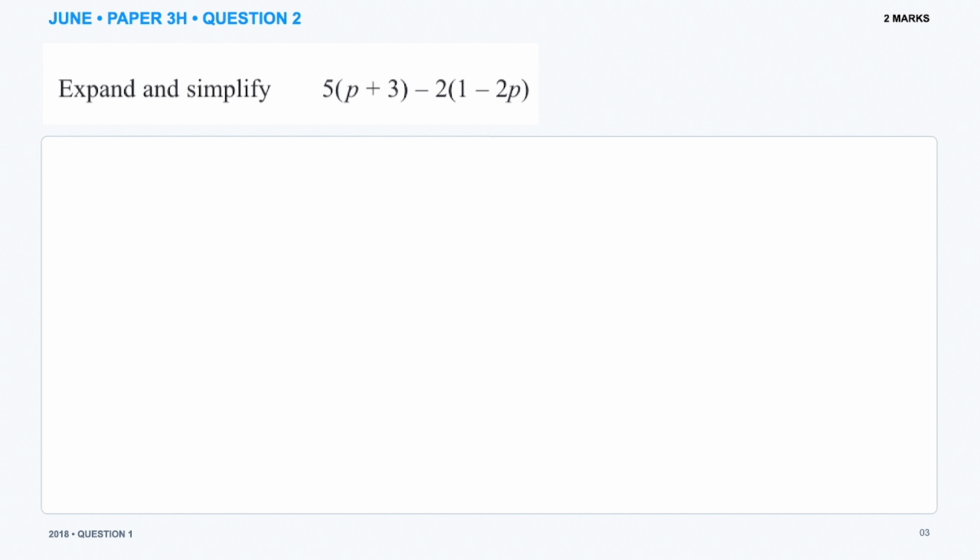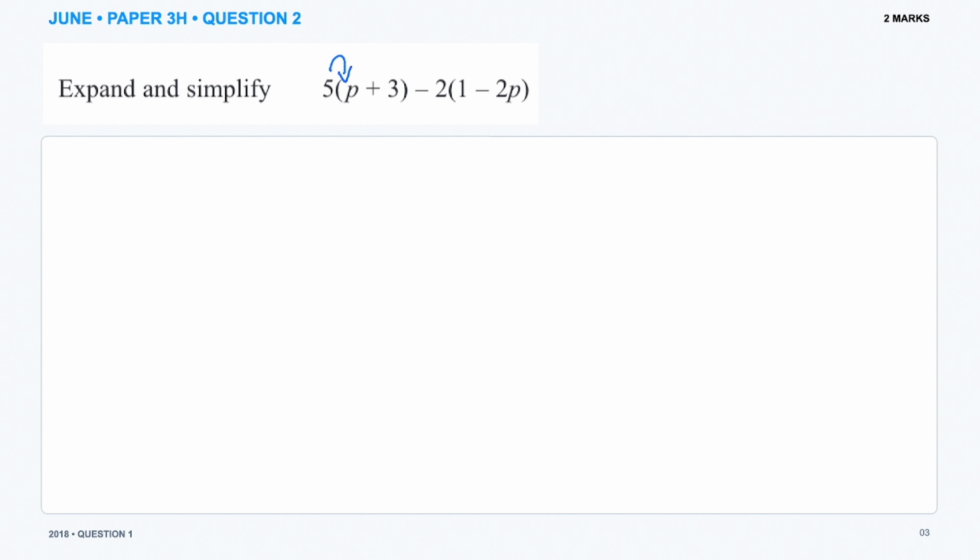So for this question, we have to expand and simplify this expression. So firstly, it tells us we have to expand. So let's expand the bracket. To expand a single bracket, you have to multiply the coefficient in front of it, or the leading coefficient, with the terms inside.